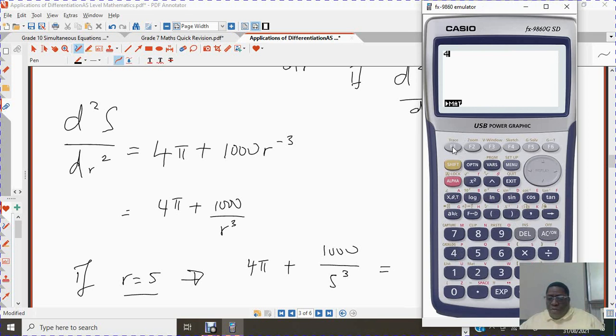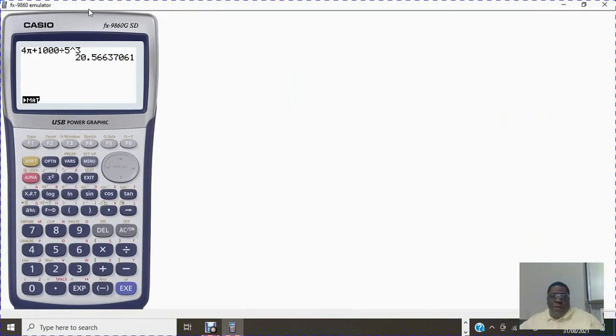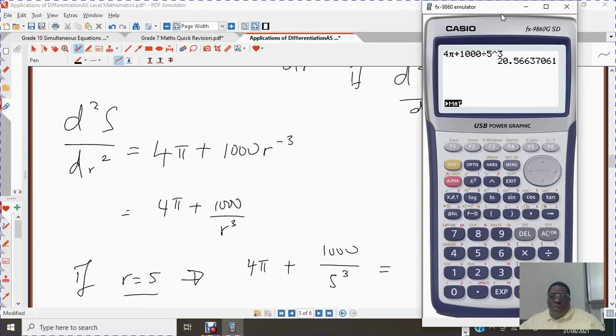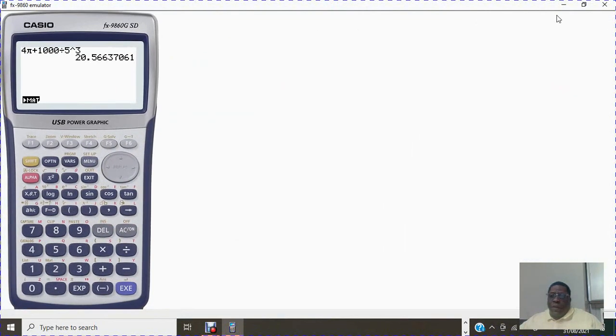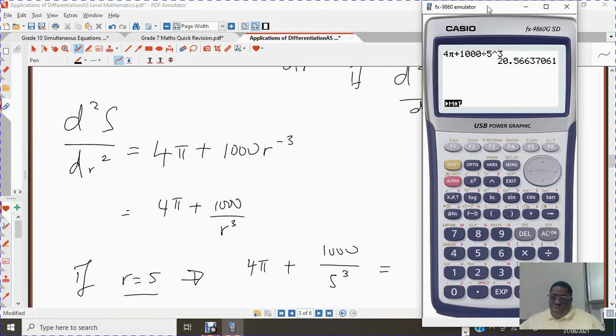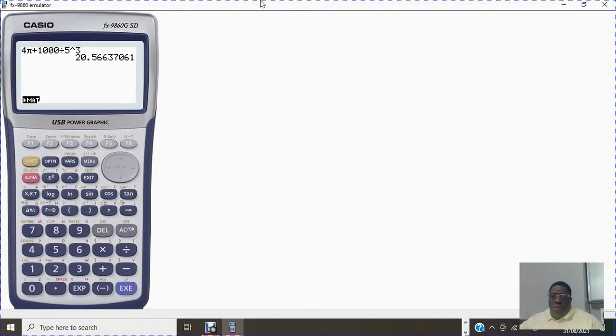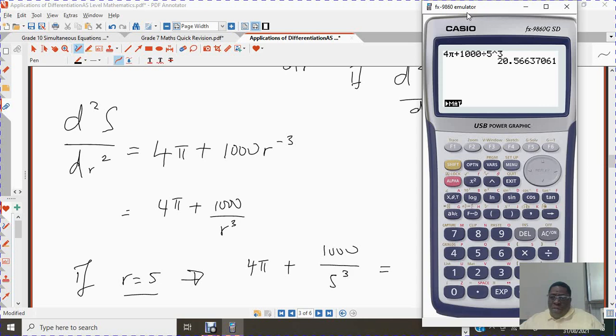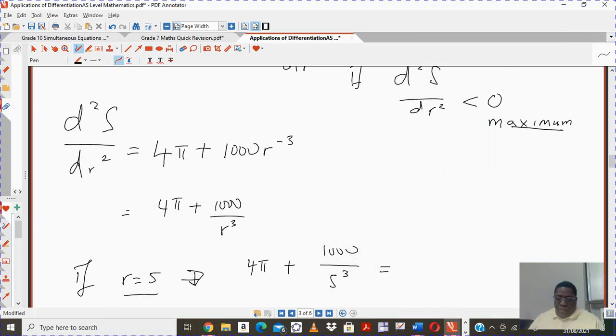So it's 4 times pi plus 1,000 divided by 5 raised to the power of 3. So it's about 20.56, roughly 20.6.